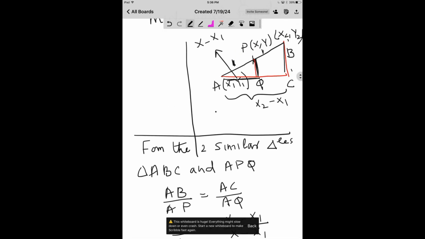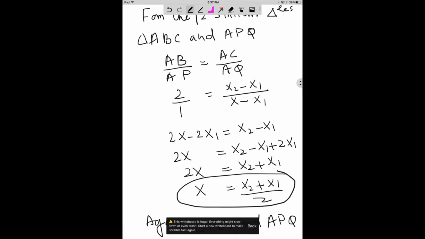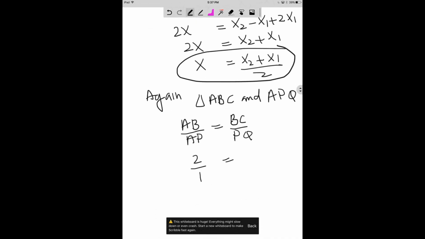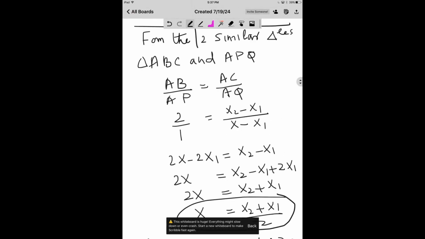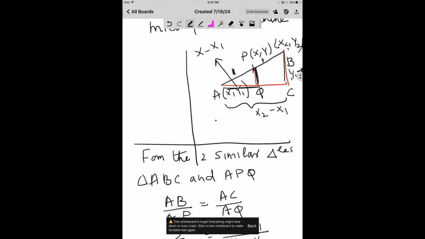BC is the perpendicular distance from B to C, that is y2 minus y1, by PQ. What is PQ?